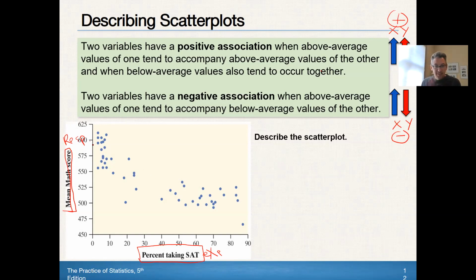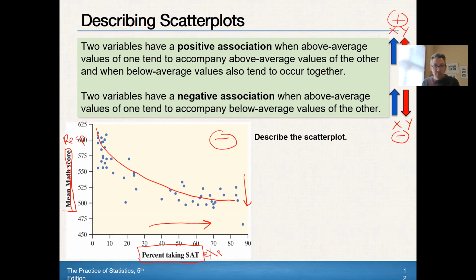So when you look at this, you might see that it looks pretty strong. The points follow the pattern fairly closely. Again, it's not perfectly strong. So it looks fairly strong. I would definitely say that it looks like there's a negative association, because as more and more students percentage-wise in a state are taking the SAT, pretty clearly the average math score on the SAT is going down.